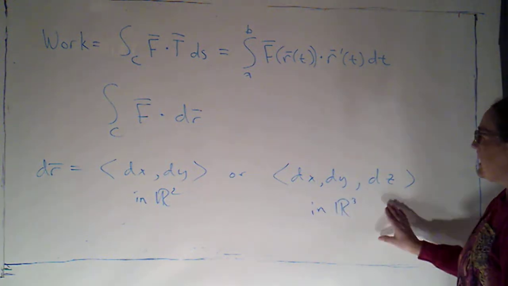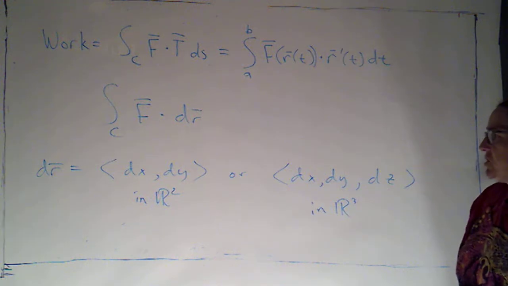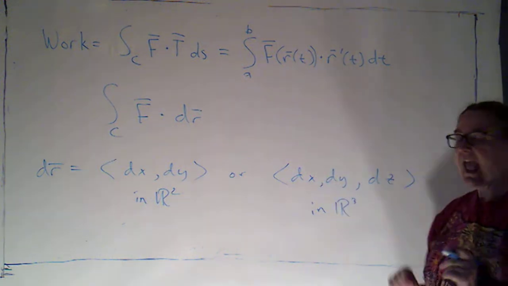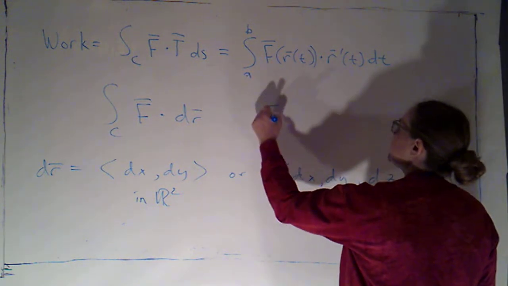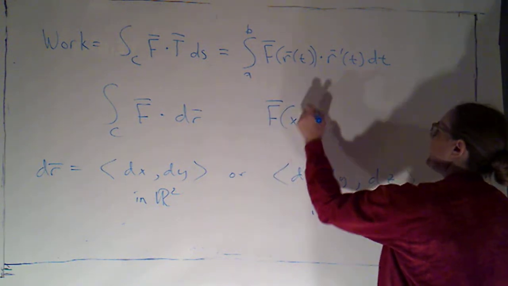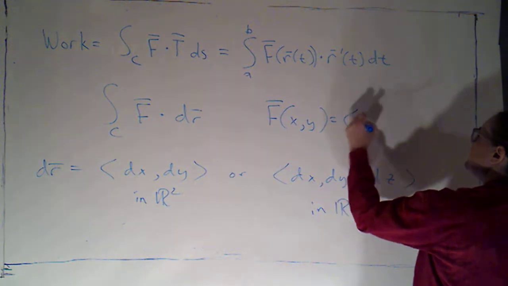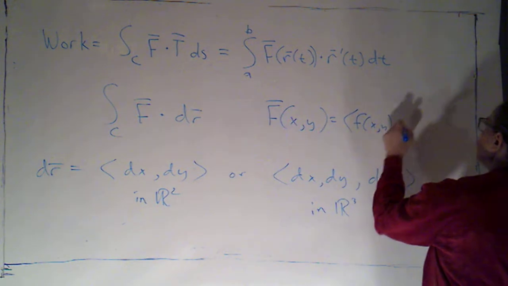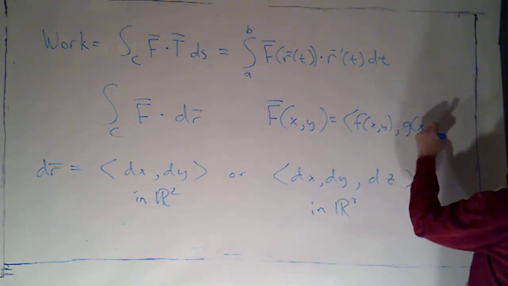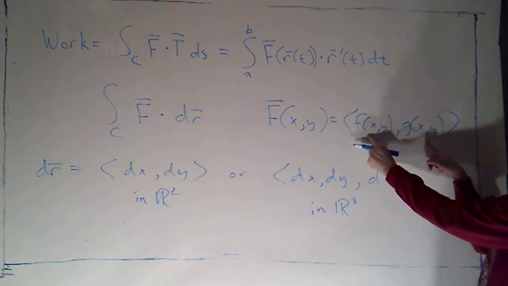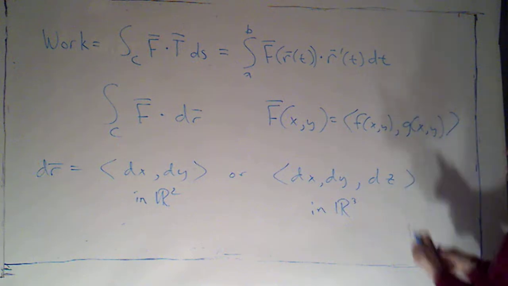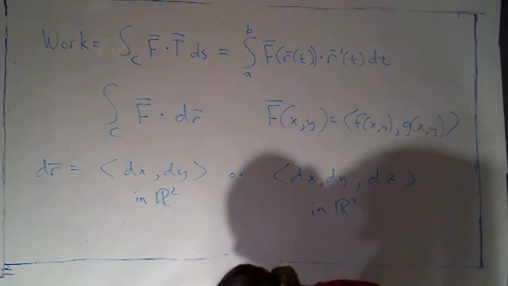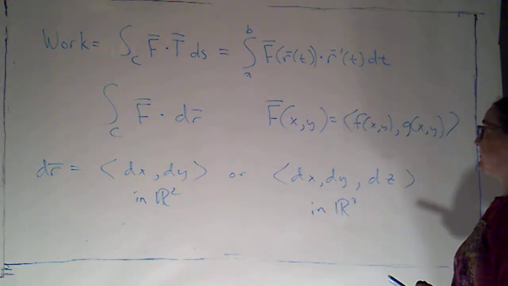Okay. And if we're going to use this notation, usually we would write F in terms of its components as well. So let's suppose that my force field F of x, y is ⟨f(x, y), g(x, y)⟩. So all I've done is I've given names f and g to the component functions of my force field.